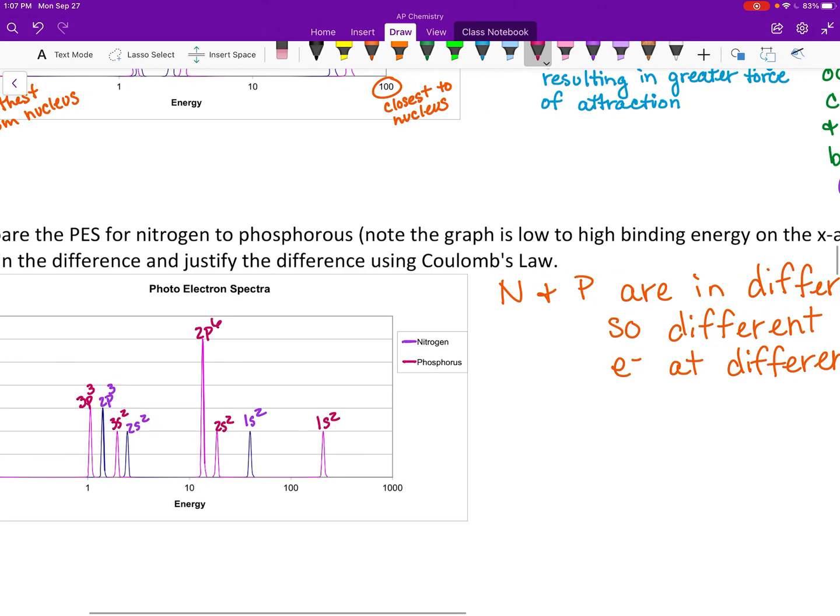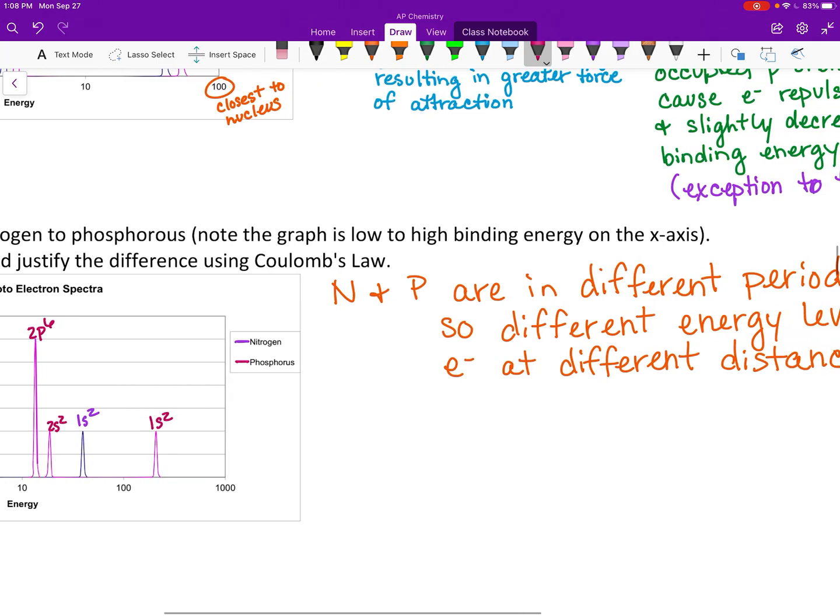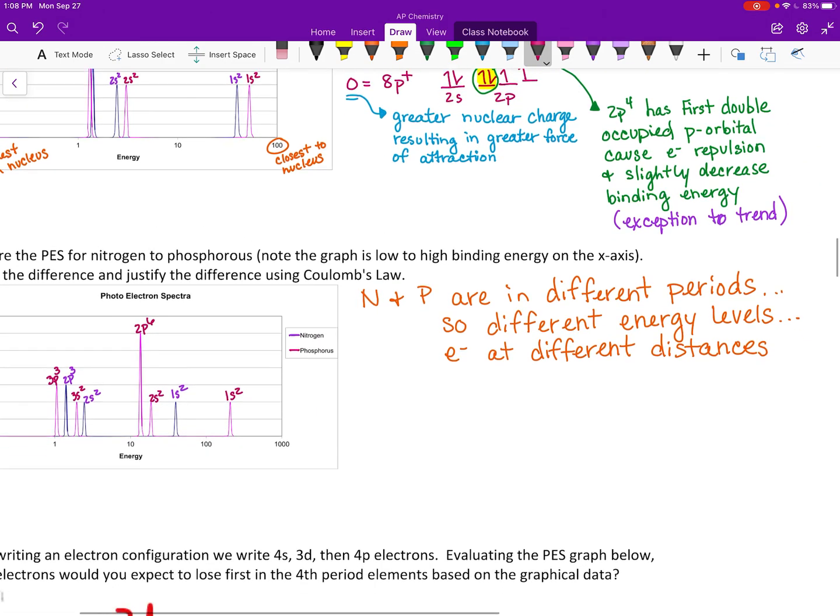Okay. So what we notice is that phosphorus is actually holding the core electrons with greater force of attraction compared to nitrogen, but the valence electrons have different energy values based on the fact that we're in the second energy level for nitrogen versus the third energy level for phosphorus.